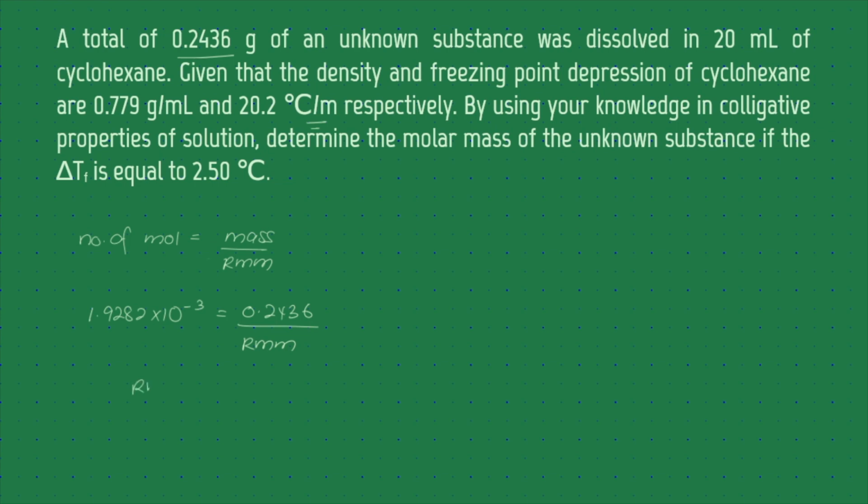Therefore, your RMM should be equivalent to 0.2436 divided by 1.9282 times 10 to the power of negative 3. Therefore, your RMM should be equivalent to 1.2634 times 10 to the power of 2. So this is the final answer for this question.